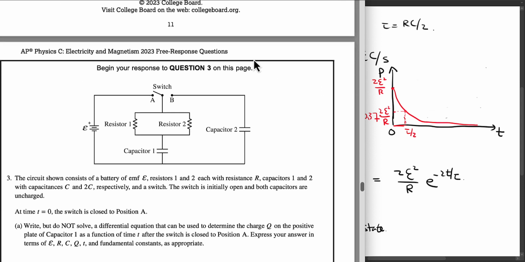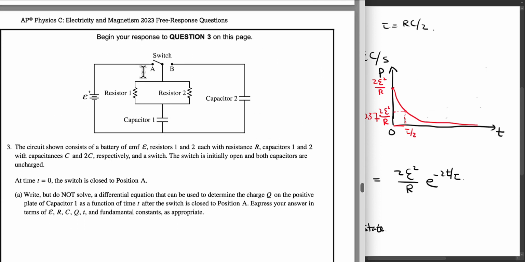So we're looking at the instant when capacitor 1 is fully charged. So after a long time, C1 is fully charged. Then we close the switch to B. Then the capacitor 1 will charge capacitor 2 from that instant. So the current will flow this way. Okay.